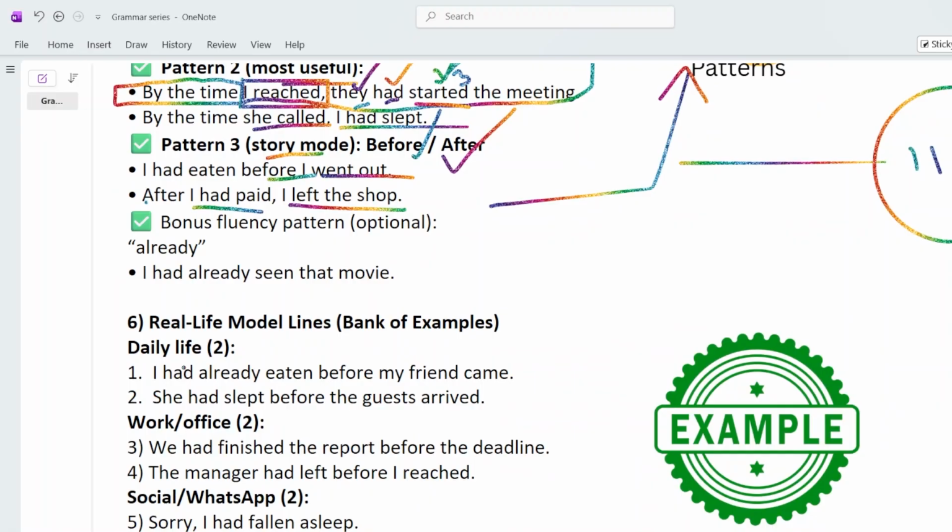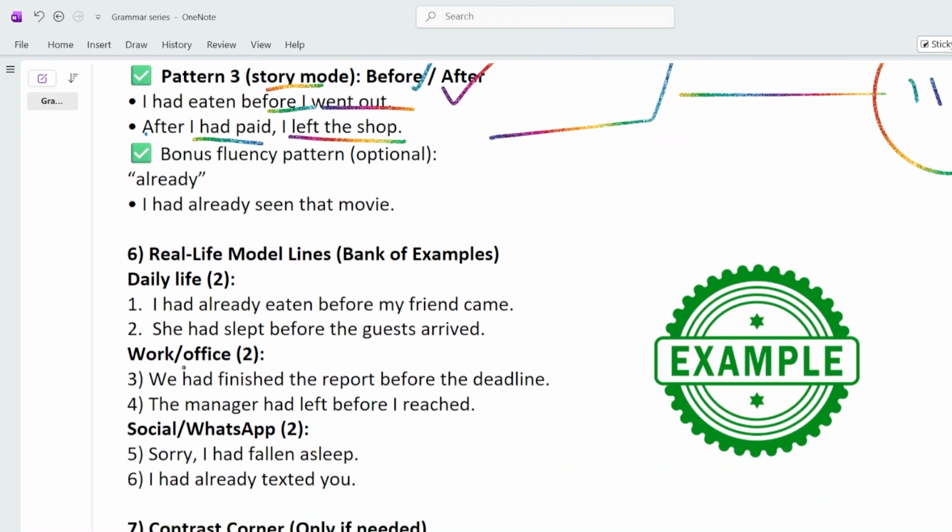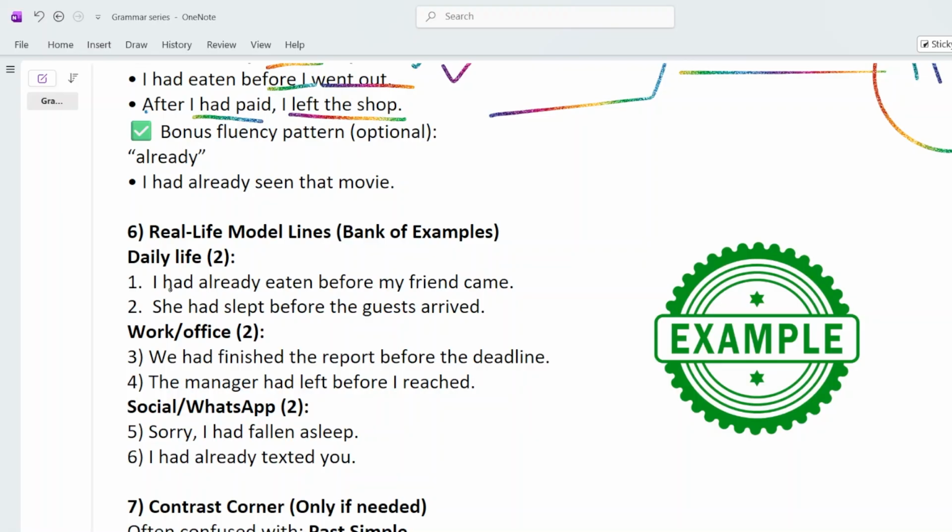Great. Now, let's look at certain real life examples in relation to daily life. I had already eaten. Eaten is a V3 form. I told you, right? You can always use words like already, before, after, by the time in between.